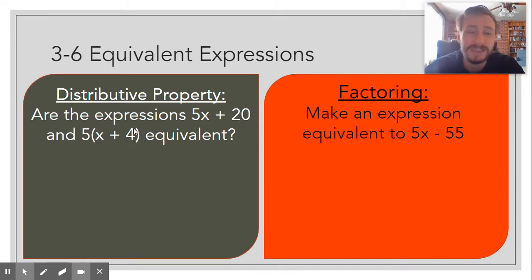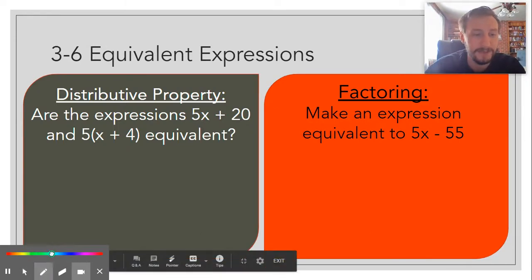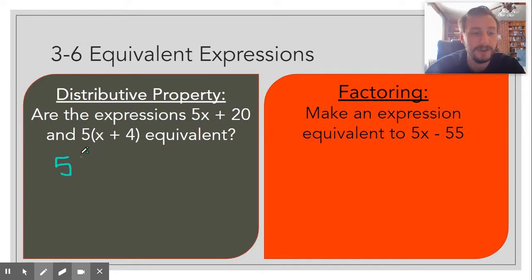What we want to do is, since we see that there's a number outside of these parentheses, we can use the distributive property to rearrange the expression and see, does it match the other one? All right, so let's do that. If I have 5 times x plus 4 and we use the distributive property, it says that since you have a number outside of the parentheses, this 5 is outside of the parentheses, it's technically being multiplied to everything on the inside.